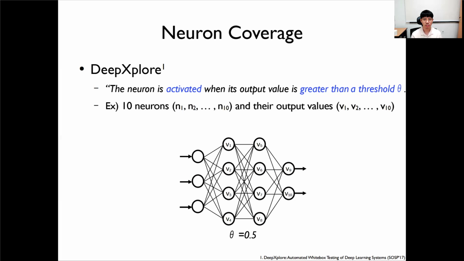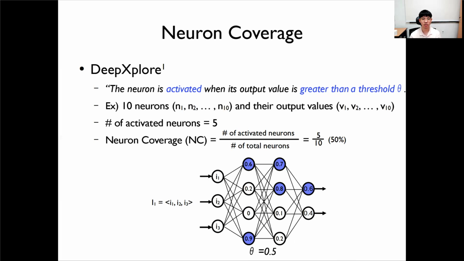For example, suppose that a DNN having 10 neurons from N1 to N10 in total is given, and the output values of the 10 neurons are from V1 to V10. And suppose that the certain threshold is set to 0.5.